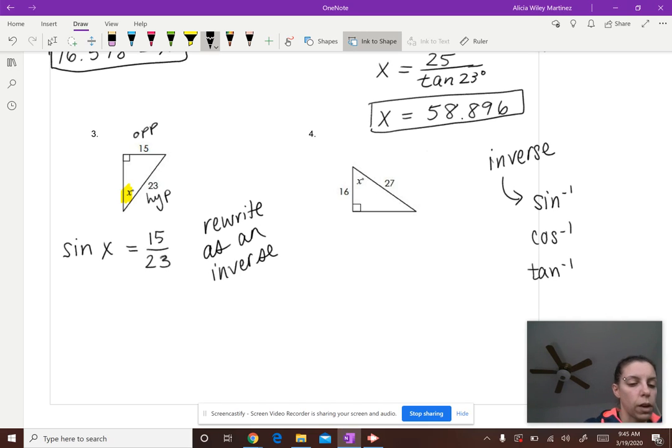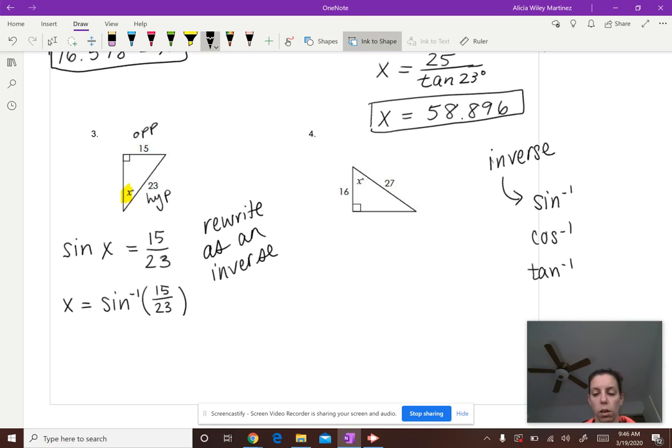You're going to have x by itself, which is what you want, and then you're going to switch your function to an inverse sine. So that's going to be sine -1. Now, in the angle position, I use quotes on that because that's not really what it is anymore, you're going to put your ratio of 15 over 23. That is exactly what you're going to put into your calculator. That is calculator ready.